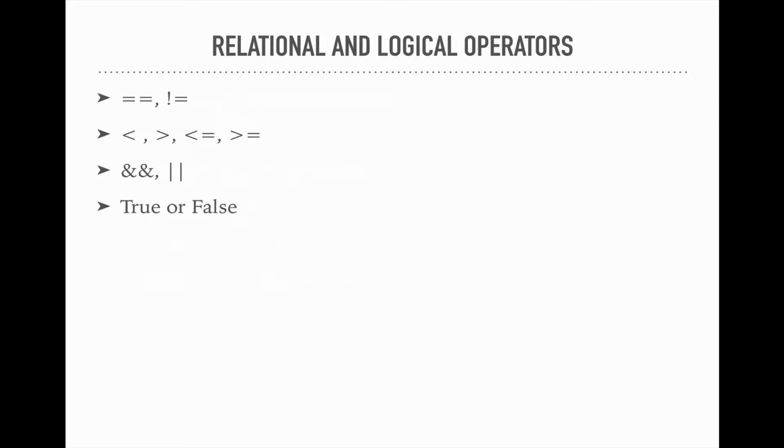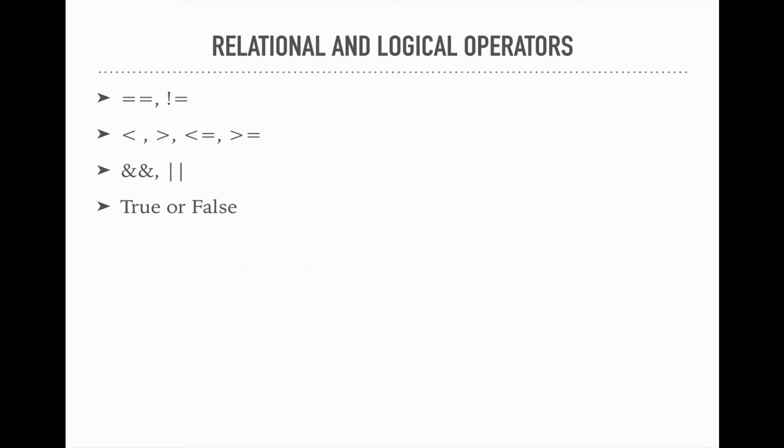Now, let's talk about relational and logical operators. We have a double equal sign for equality and an exclamation equal sign for inequality. Notice that in Java or any other programming language, the single equal sign is not for equality, it's for assignment.